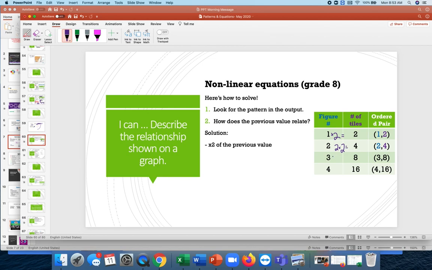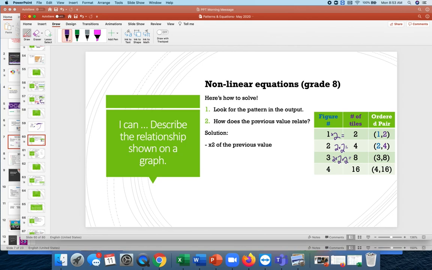In this one, now the figure number actually tells us how many times we are multiplying by 2. So the first one we multiplied by 2 just to get 2. Next one, 2 times 2 is 4. The next one, we're doing times 2, but we're doing this 3 times. So 2 times 2 times 2 is 8.